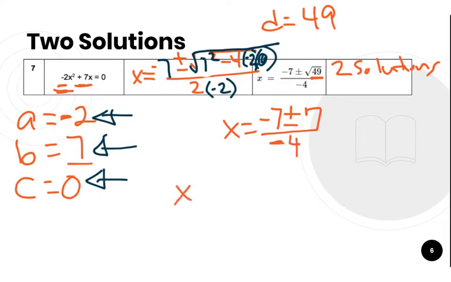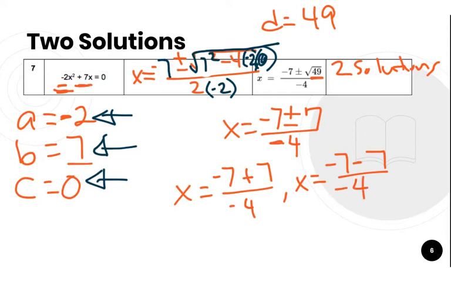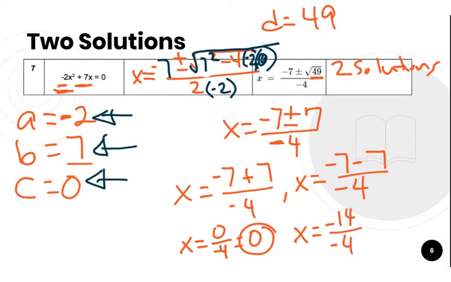All right, so I'm going to have x equals negative 7 plus 7 divided by negative 4, and x equals negative 7 minus 7 divided by negative 4. All right, so this would give me x equals negative 7 plus 7 is 0, divided by negative 4 would still give me 0. So one of my roots is 0. And the other root, negative 7 minus 7, is negative 14 divided by negative 4, which gives me a positive 3.5.